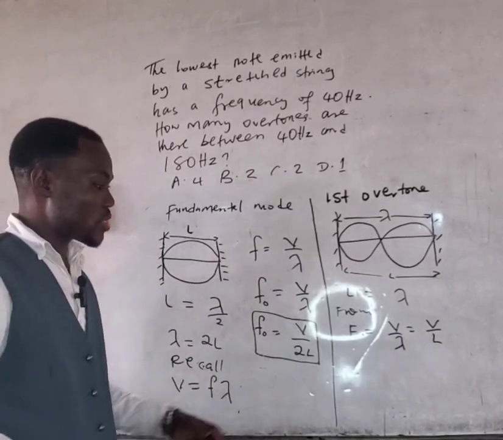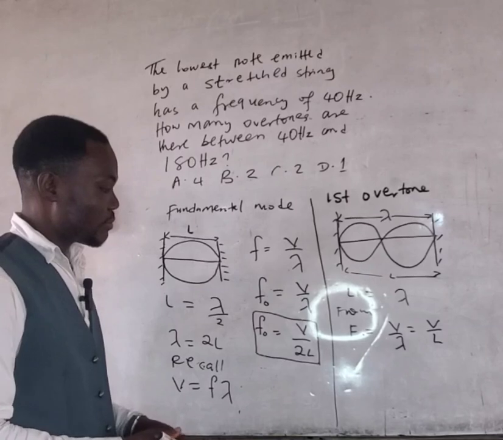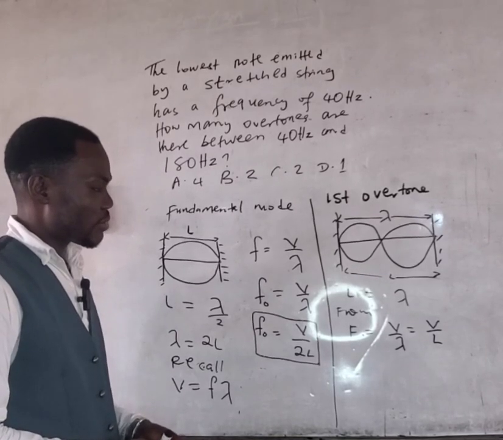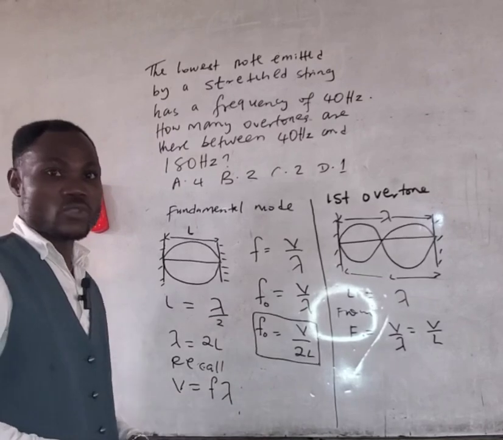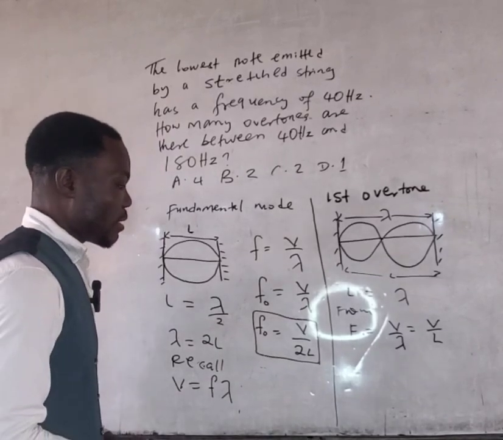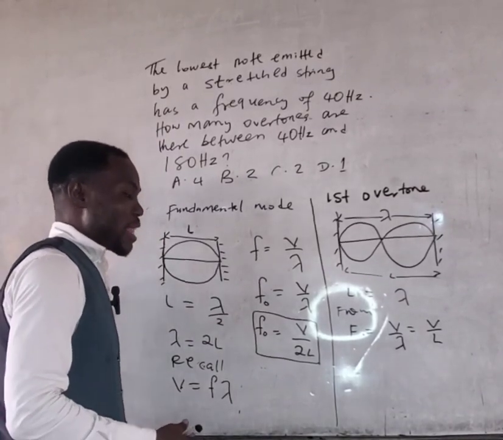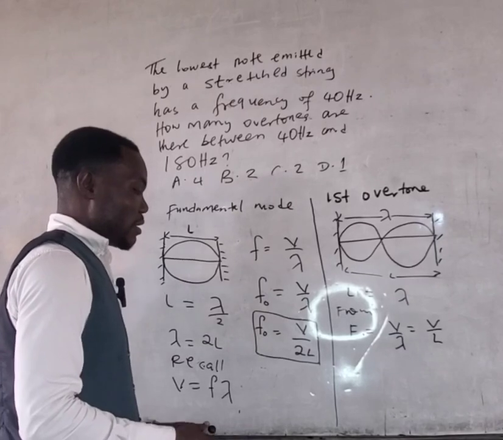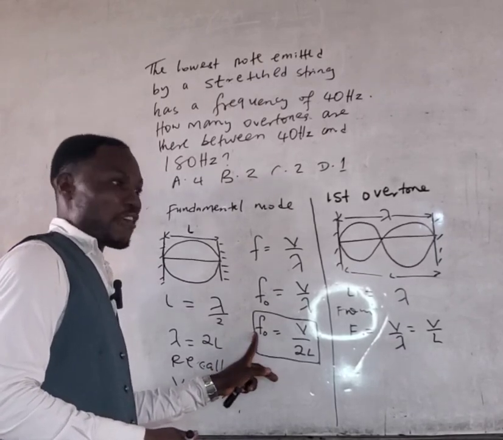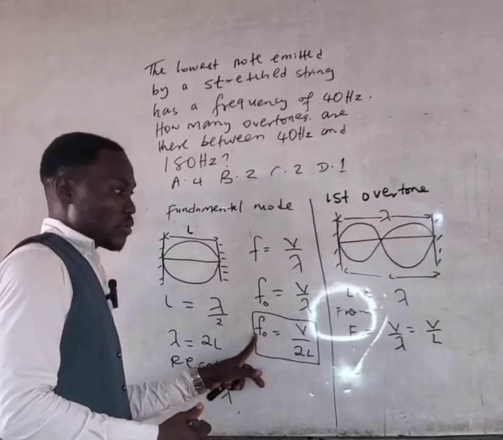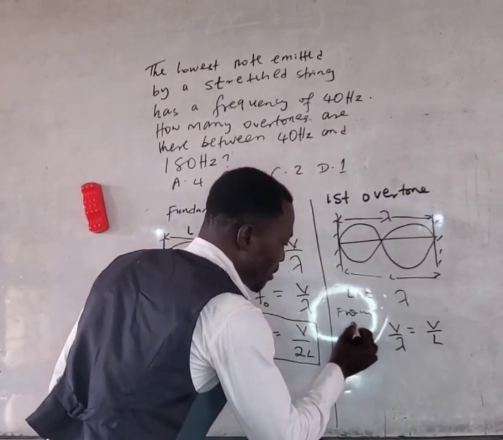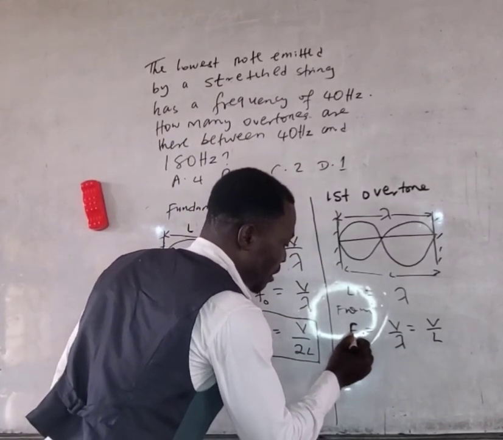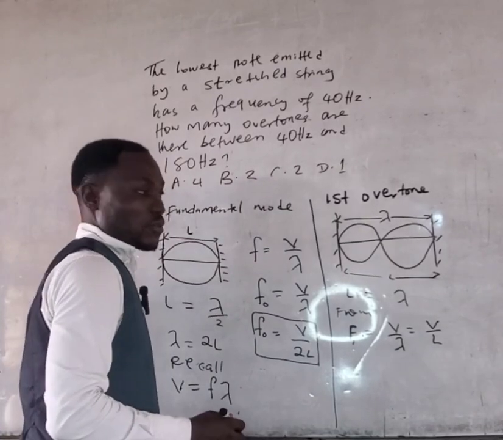Now let's compare this and this. The difference between this and this is just 1 over 2. If I multiply this FO by 2, this frequency of vibration here is the frequency of the first overtone.